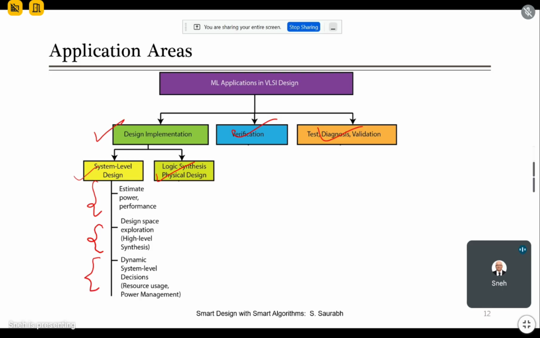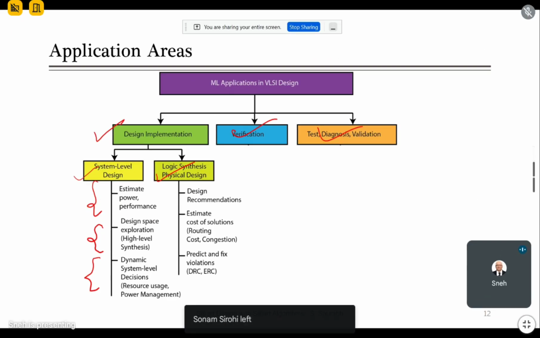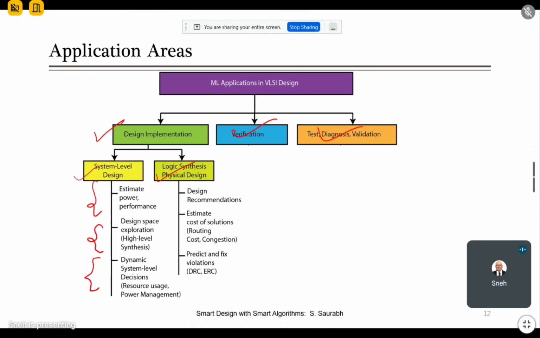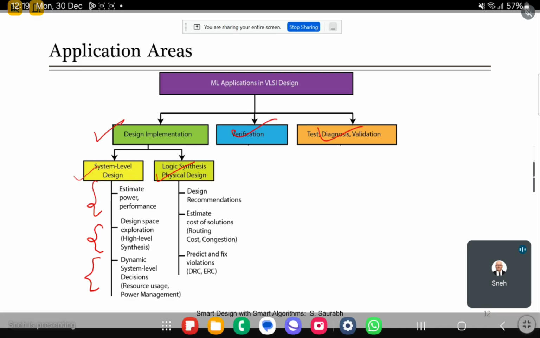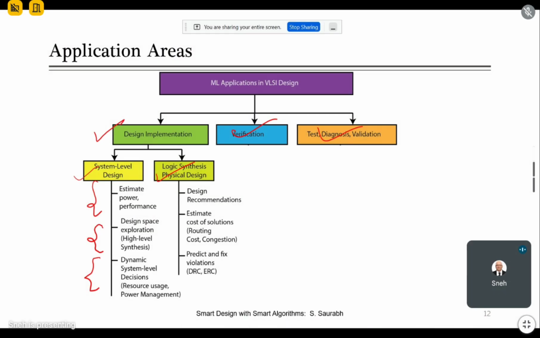These are some of the areas where ML techniques have been tried and are being researched. And in logic synthesis and physical design, it can be used for design recommendation. We'll see a few examples of this in detail in the later part of this lecture. I'm just giving a summary right now.